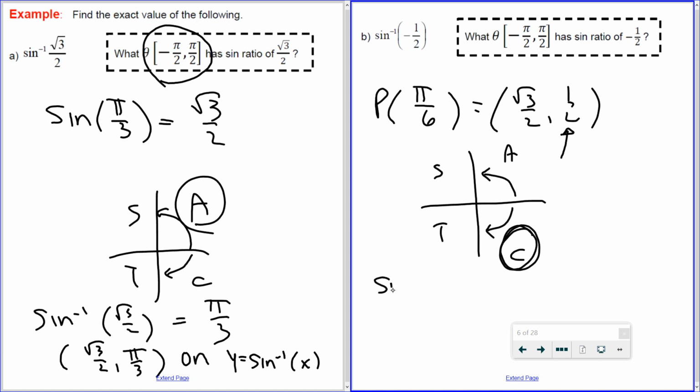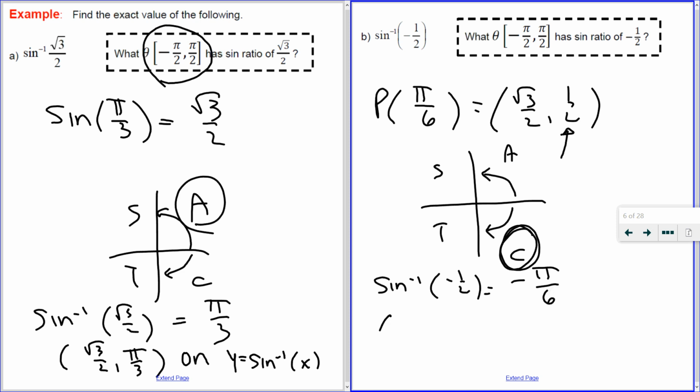So that means that sine inverse of negative a half is negative pi over 6. So again, what that means is that the point negative 1/2 and negative pi over 6 is on the function y equals arc sine or sine inverse of x.